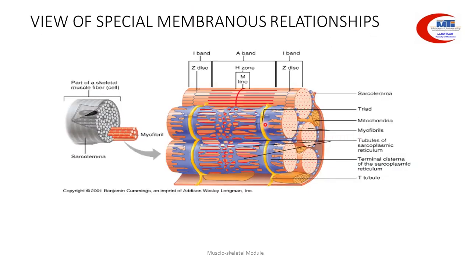Again, we can see the T-tubules, which are an invagination of the cell membrane to surround the myofibril, present at the junction between the A band and the I band, and on either side of the T-tubule there is a terminal cisterna, a dilated cisterna of the sarcoplasmic reticulum, called a triad.